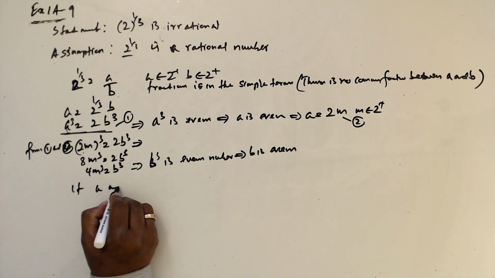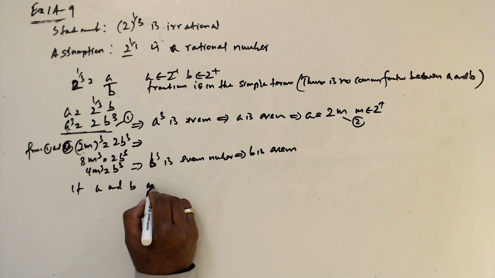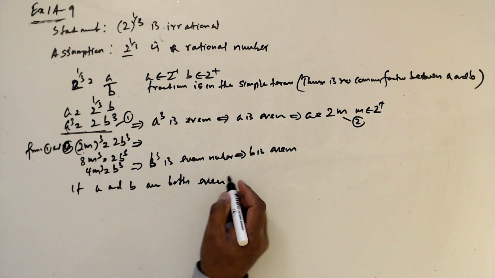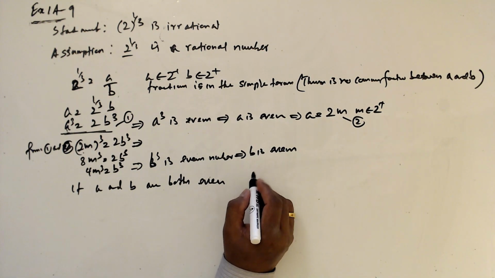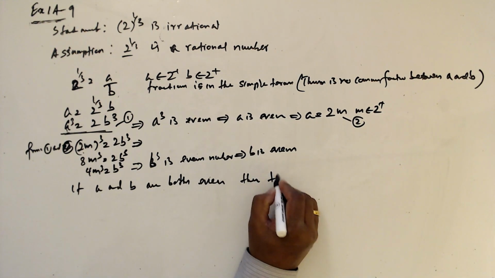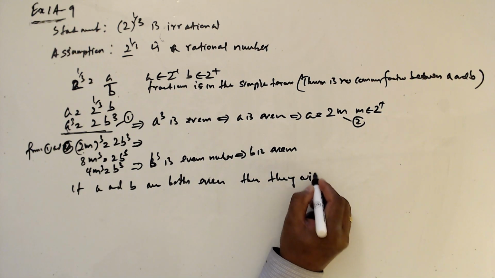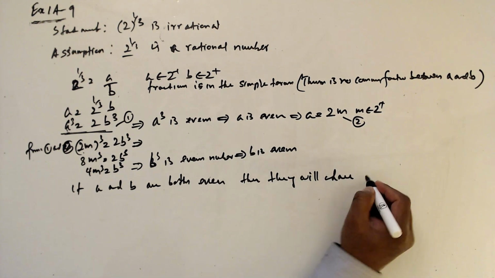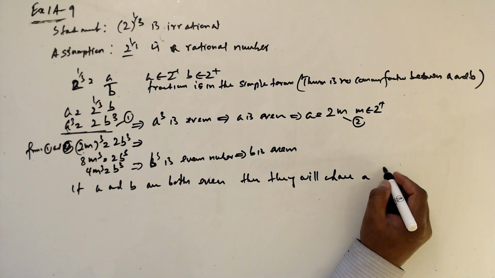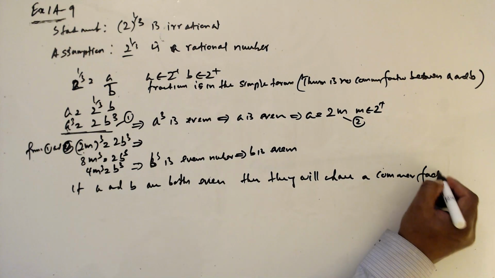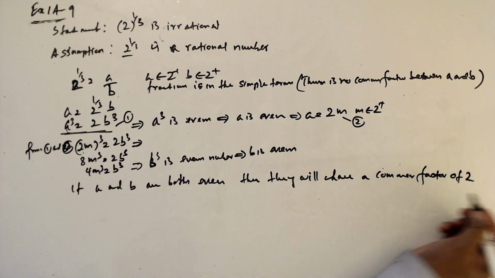If A and B are both even, then they will have a common factor of 2.